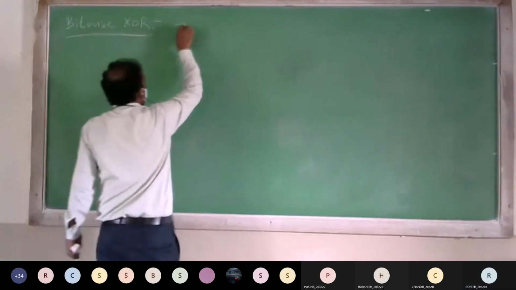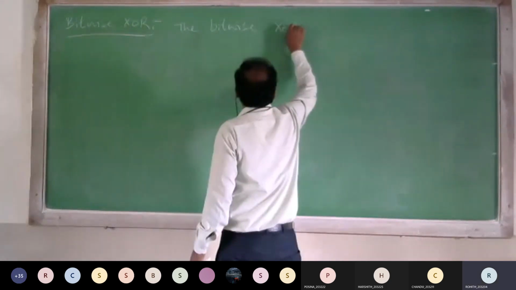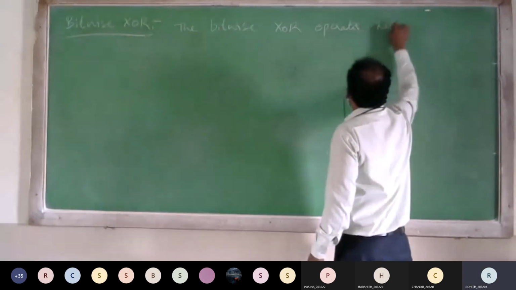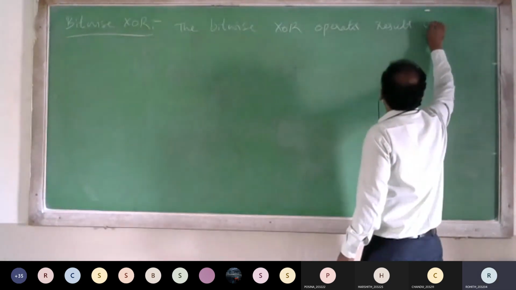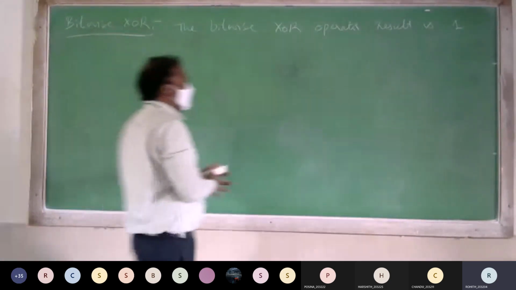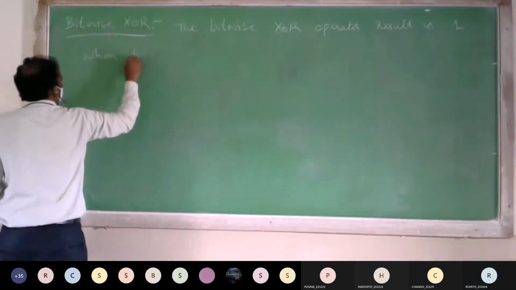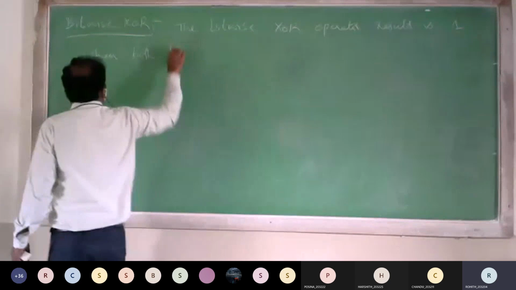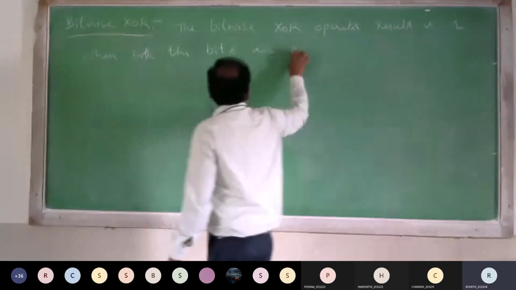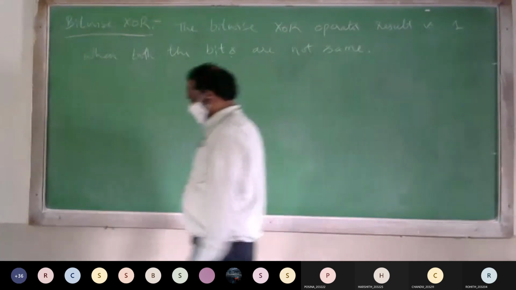The bitwise XOR operator result is 1 when both the bits are not the same.